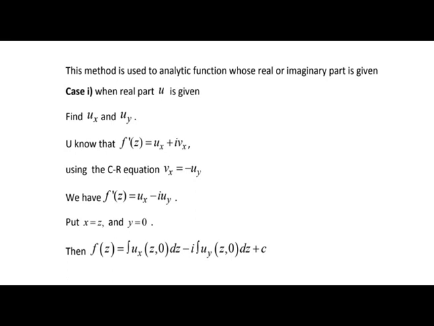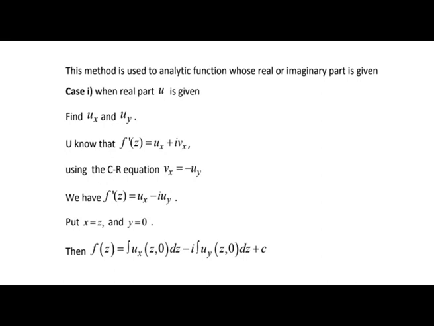And you have to find an analytic function f of z such that u is its real part. And since you know that if f of z is analytic, your f dash z can be written by using the formula ux plus ivx.